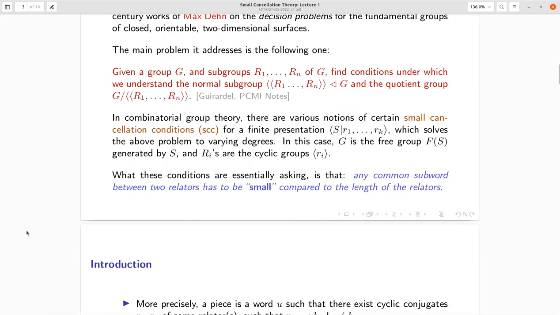So what kind of conclusions are we looking for in here? What these conditions are essentially asking is that any common subword between two relators has to be small compared to the length of the relators.